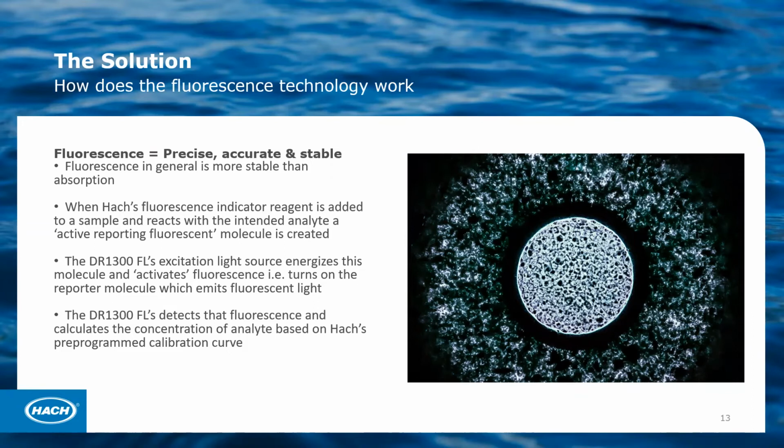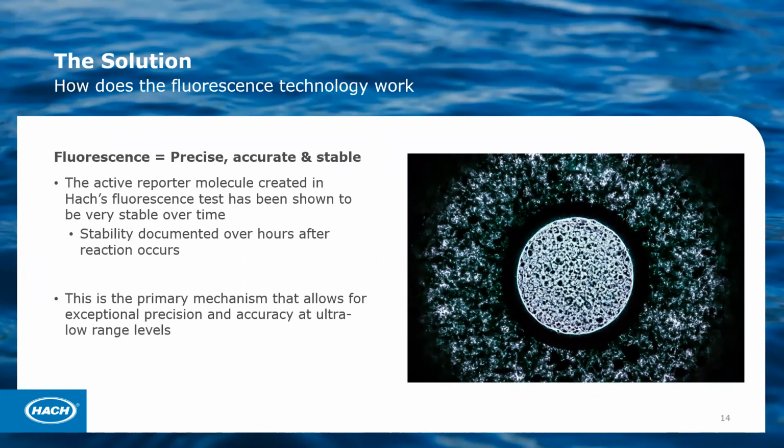So again, going back to the previous times, those molecules that naturally fluoresce give off their fluorescence themselves. Here we're actually creating fluorescence. We've added our indicator reagent, we've created this molecule, we excite that molecule, it gives off fluorescence, and then the DR1300 FL detects that fluorescence, and based on its internal calibration curve, it equates that to a concentration of the analyte for you.